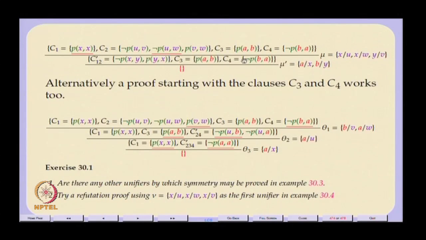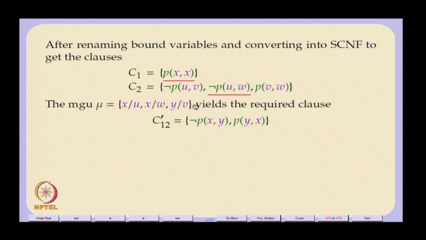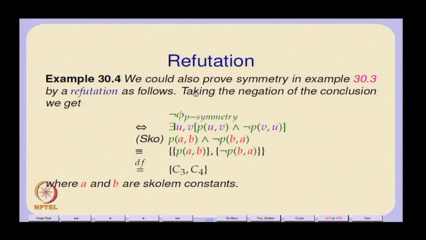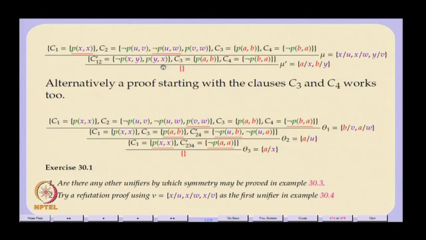Now you can follow essentially the same proof as this, but the refutation gives you an empty clause after another unification. In order to unify p a b or not p b a with this not p x y, p y x, you have to notice that it is completely symmetric.